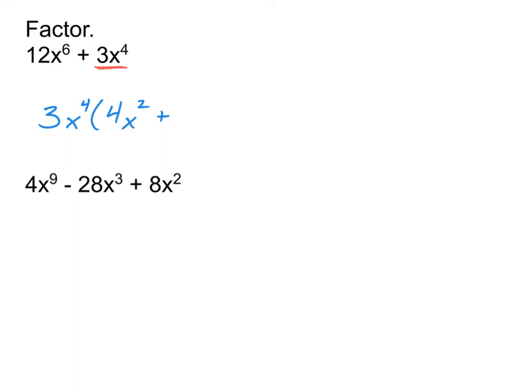It's also 1. And so what a lot of people will want to do there is, I've seen a lot of people say, oh, well, then it's just going to be that. It's just going to be the 4x squared and call it done. But it's not, because you notice if I multiplied that together, I would get this 12x to the 6th, yes, but there would be no plus 3x to the 4th hanging on the end there. And that still has to be there. And so remember how I was saying we have to have that 1 in there?